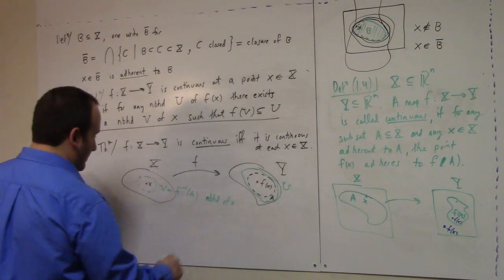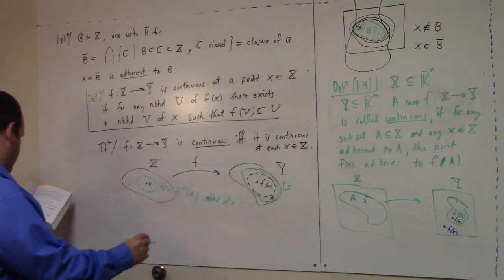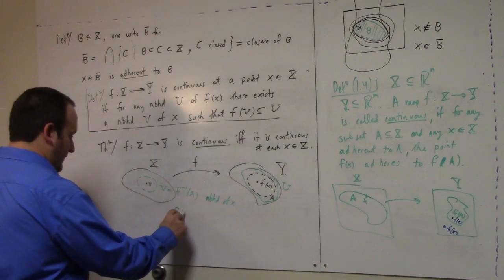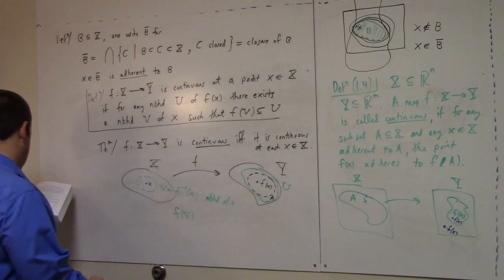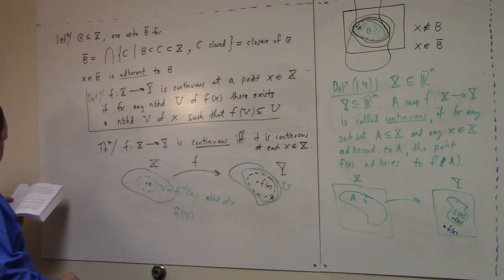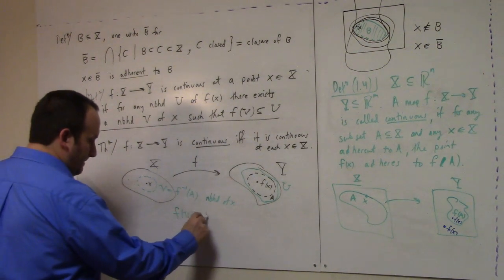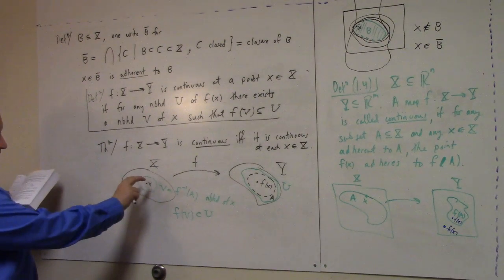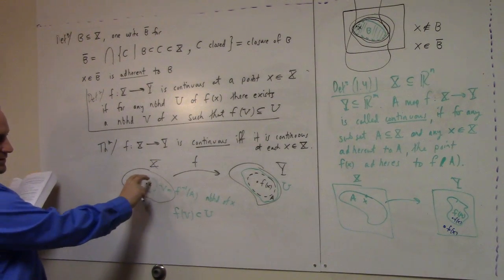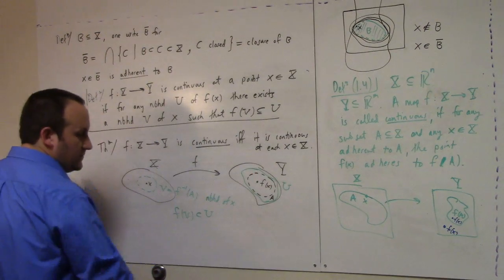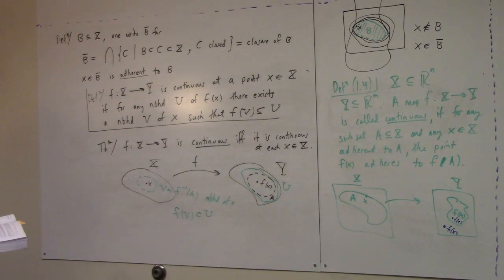And what else? f of V is a subset of U, right? Because the image of V is just going to be A, which is a subset of U. And that's the forward implication.